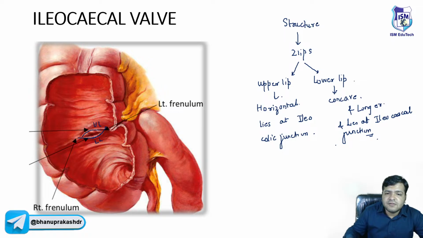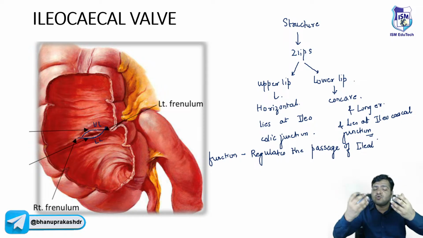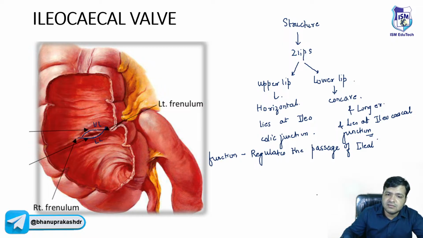So now what is the function, beta? Remember that it regulates the passage of the ileal contents. The contents, the digested products, are coming from the ileum into the large intestine, the cecum part.